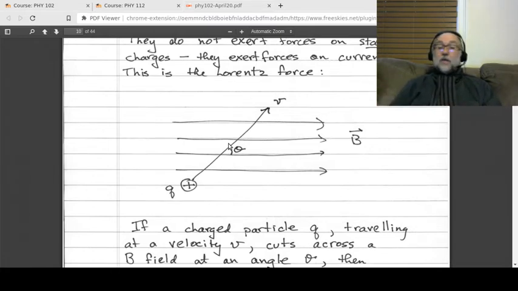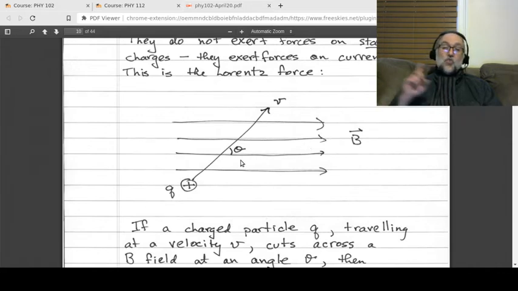Out of the three variations of the right-hand rule, this is by far the hardest. So let me re-summarize, because it's kind of hard to get your head around. B fields exert a force on moving charges, not on static charges. The charge Q is traveling with a velocity v, and it cuts across the B field at some angle theta.